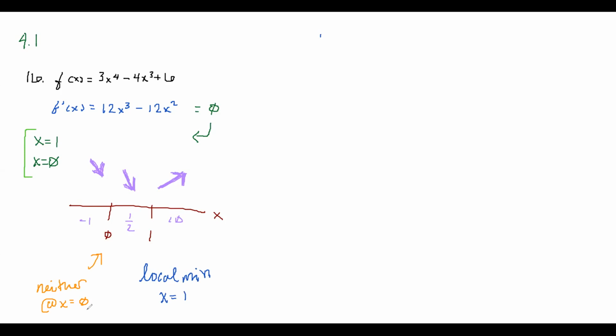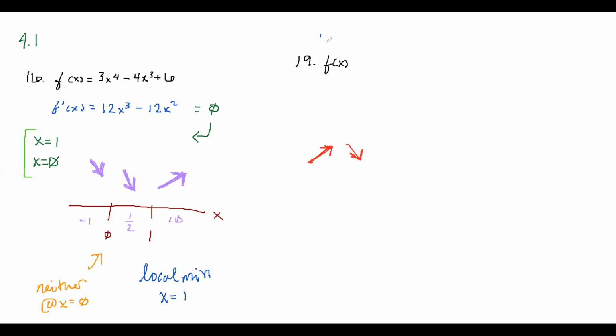Let's also go ahead and do number 19. When we have the function f of x, the way this works is you have a max where your function is increasing and then begins to decrease.